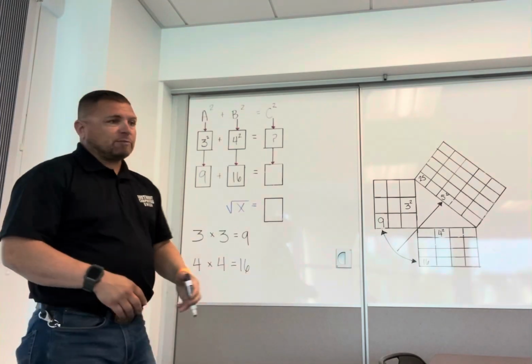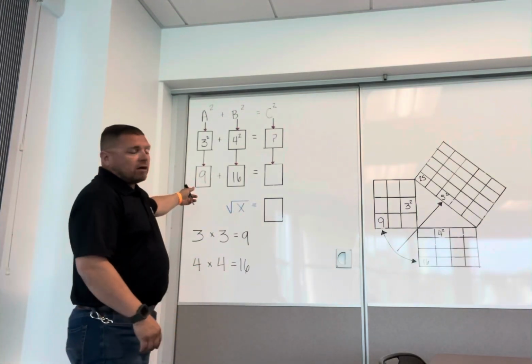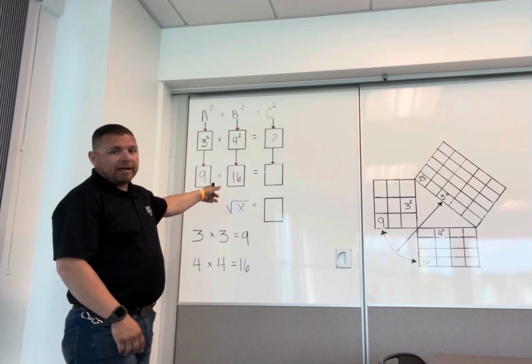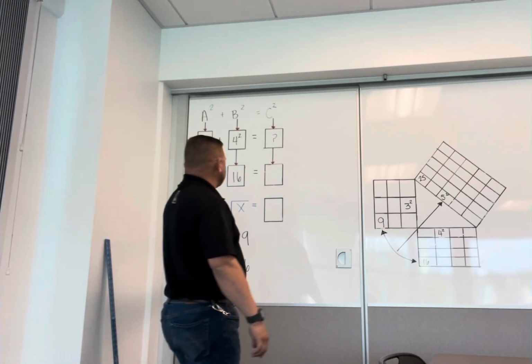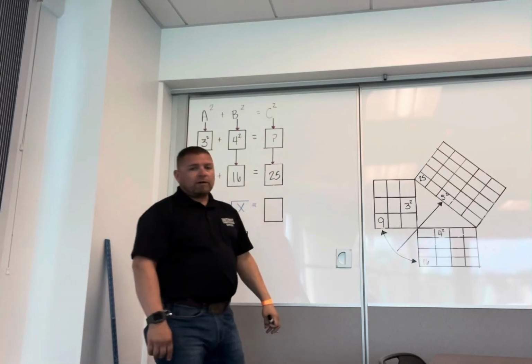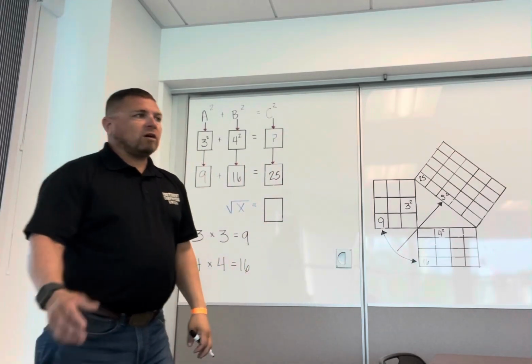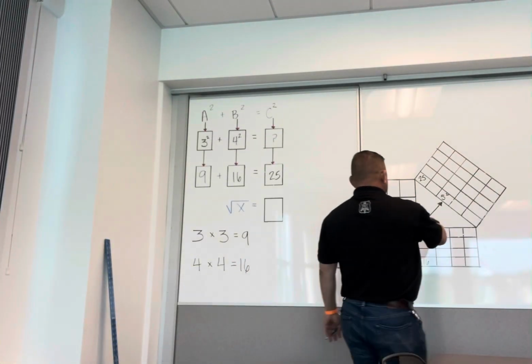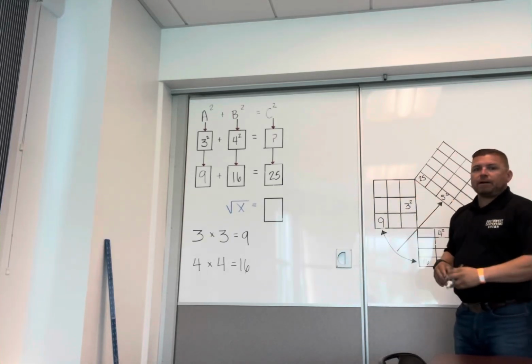But how we get it is by adding the a and the b, and that'll give us our c, which is 9 plus 16 is 25.